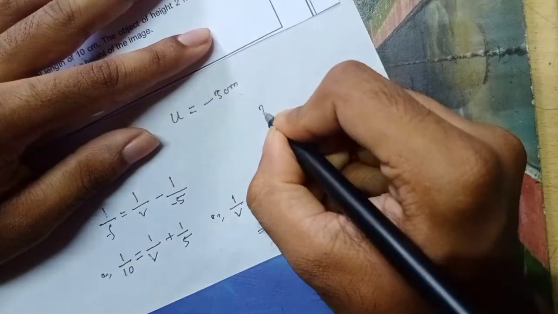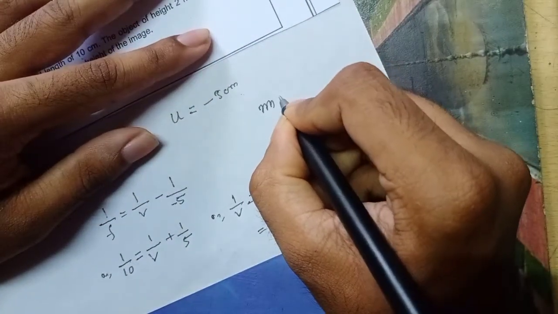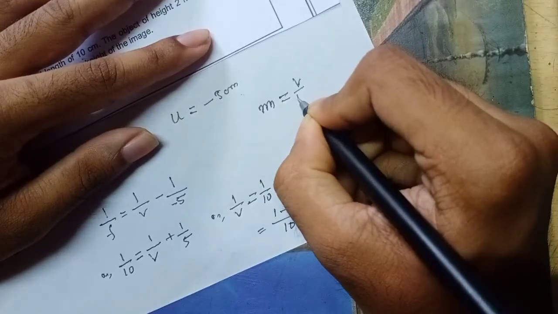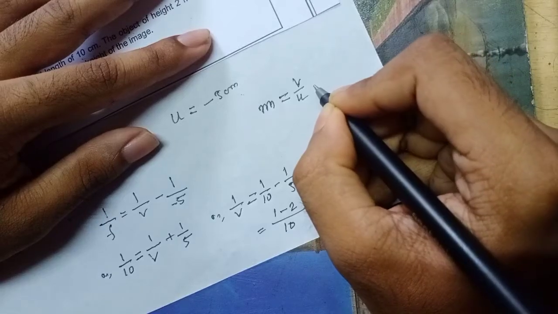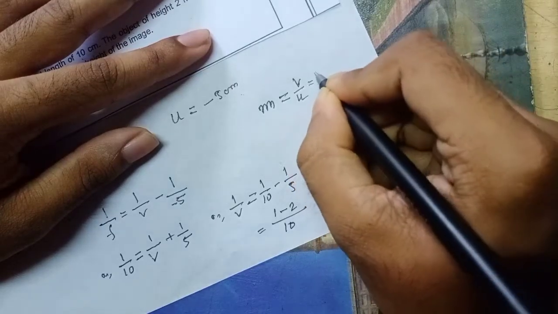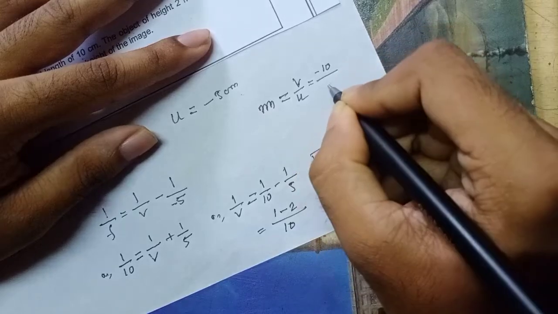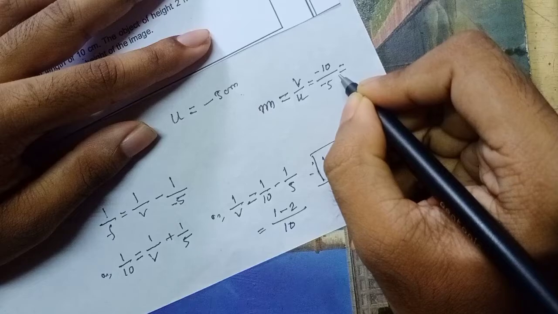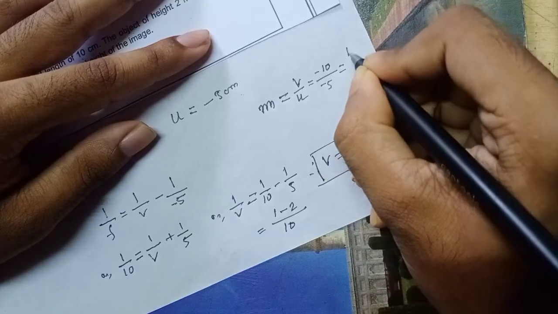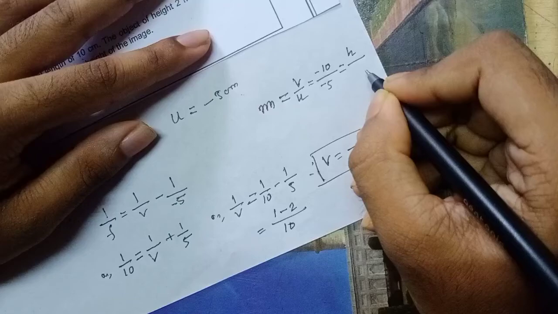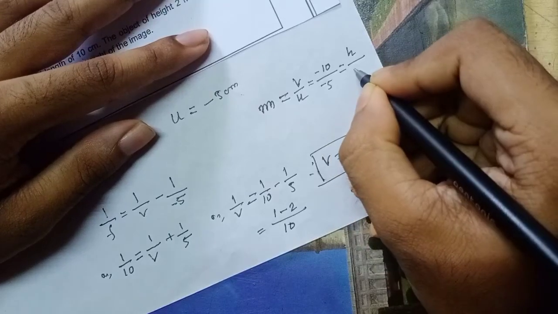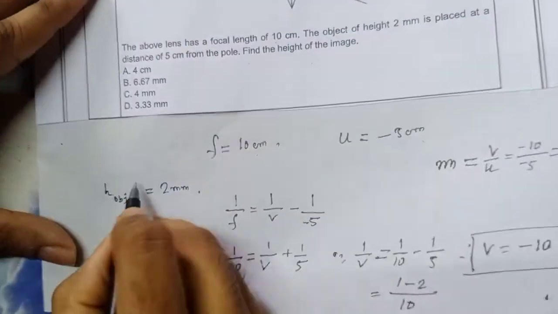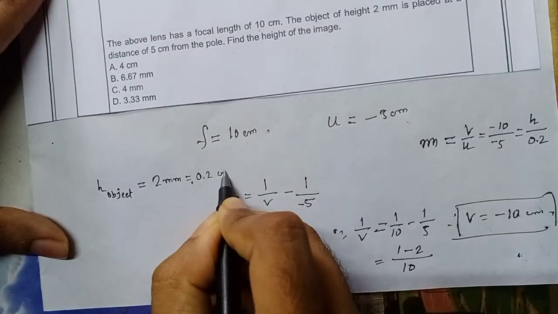Now we know that magnification m equals v by u, so it equals minus 10 by minus 5. It must be equal to height of image by height of object, that is 0.2 centimeter, converting millimeter to centimeter.